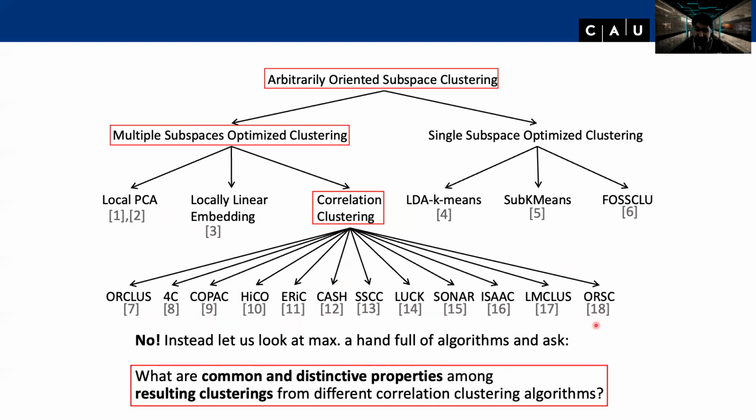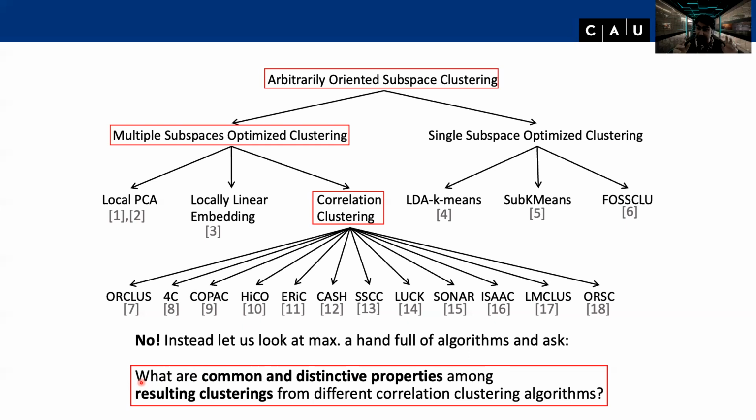But instead, what we're going to do, we look at a maximum handful of algorithms and ask, this is now the core message, what are the common and distinctive properties among the resulting clusterings from different correlation clustering algorithms? So it's not about here's a second for loop and here's a case distinction and whatnot.